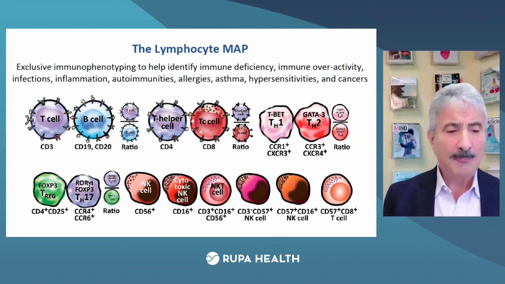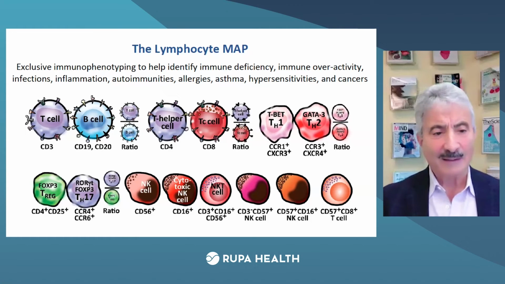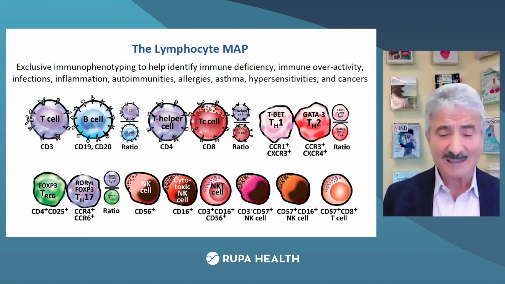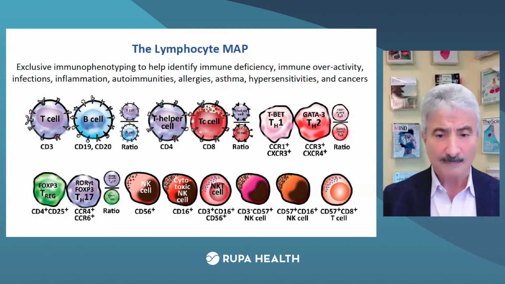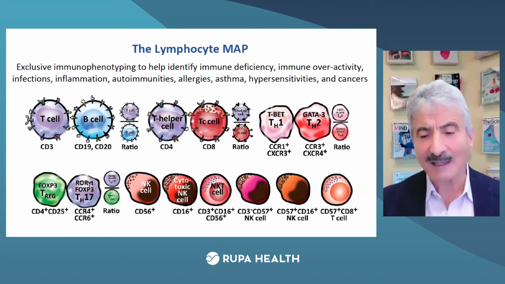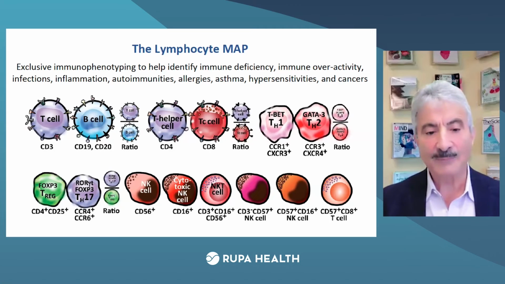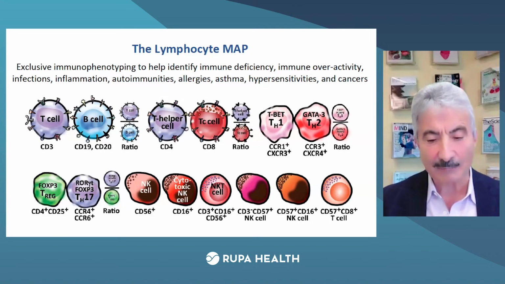So we measure not only white blood cells and total lymphocytes, but we look at T cells, B cells, the ratio, T helper cells, cytotoxic T cells, the CD4 to CD8 ratio, T helper 1, T helper 2, the ratio between T helper 1 and T helper 2, regulatory T cells, T helper 17 and the ratio.